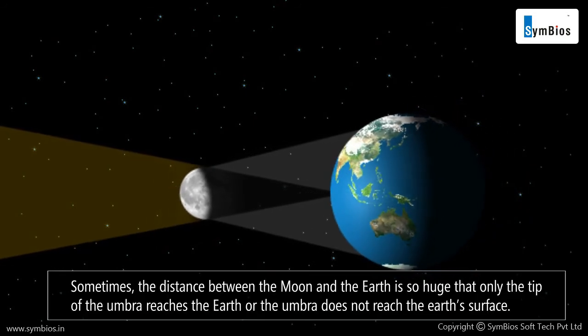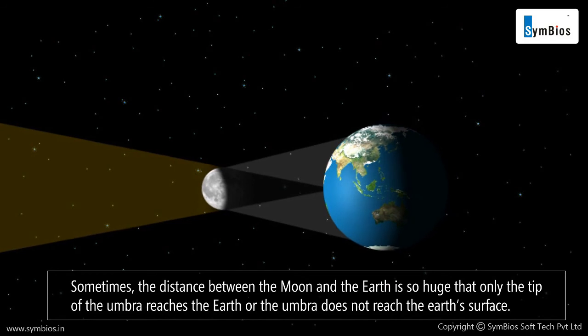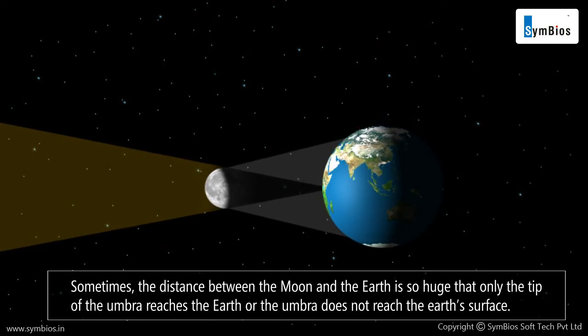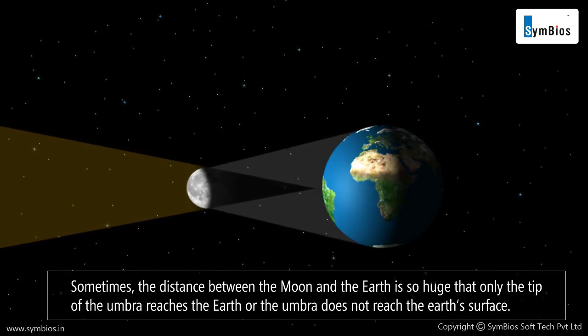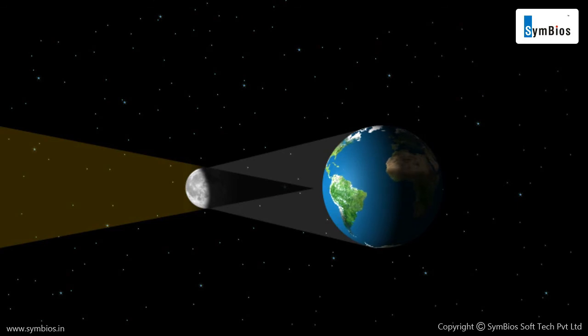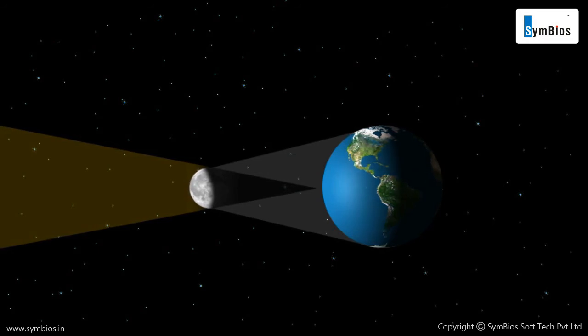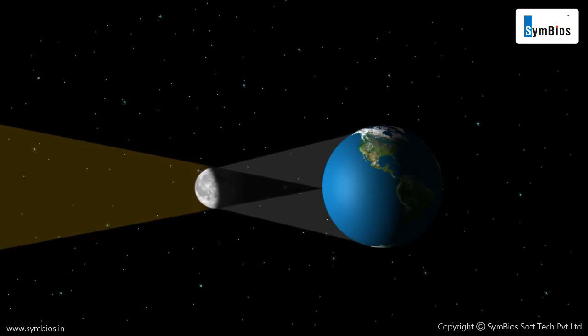Sometimes, the distance between the moon and the earth is so huge that only the tip of the umbra reaches the earth, or the moon's umbra does not reach the earth's surface. If the shadow does not reach the earth, the solar eclipse is not visible.